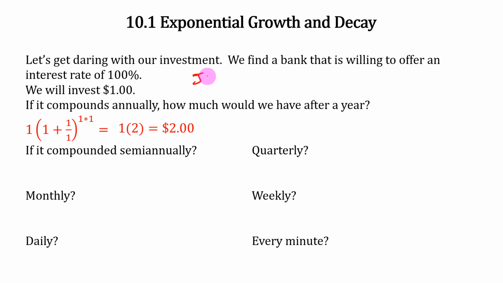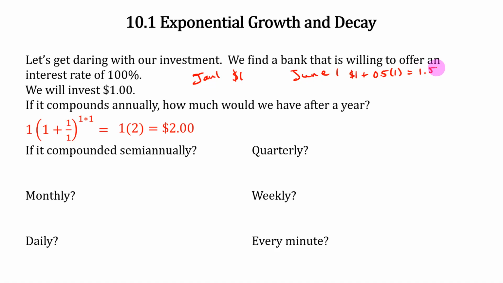Jan 1, I put in $1. On June 1, I would get $1 plus 50% of $1. I get half of my 100% interest on June 1st.